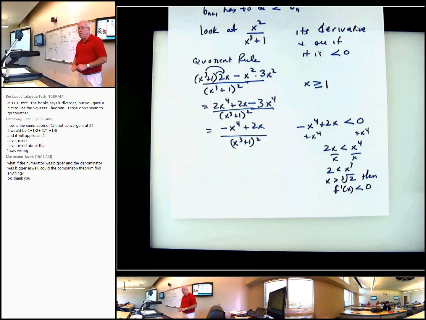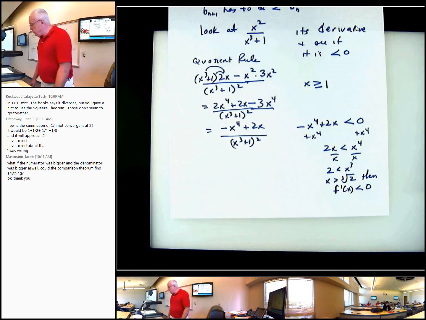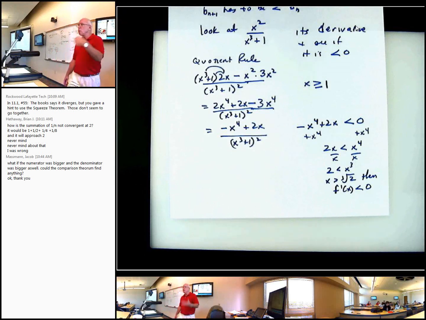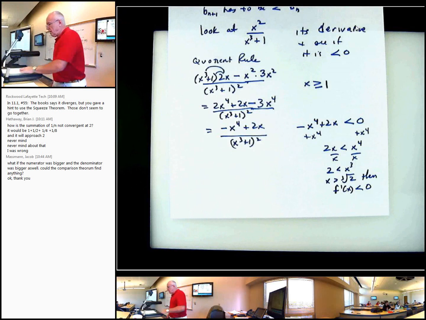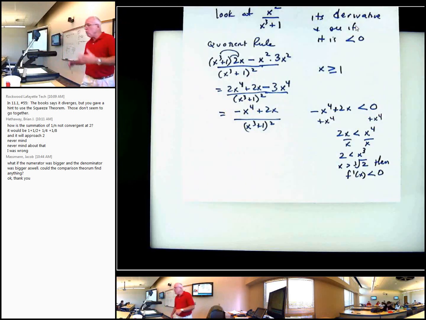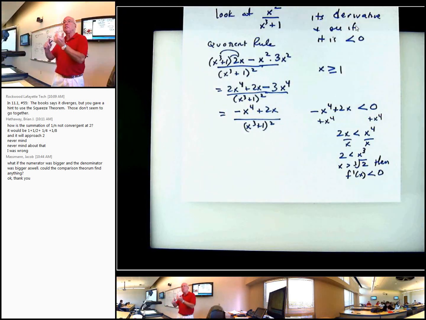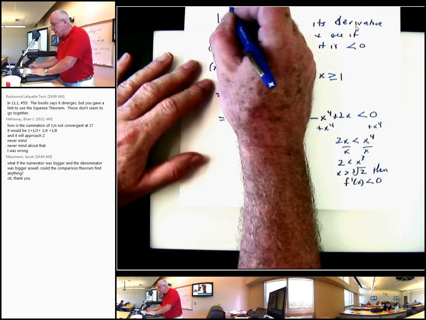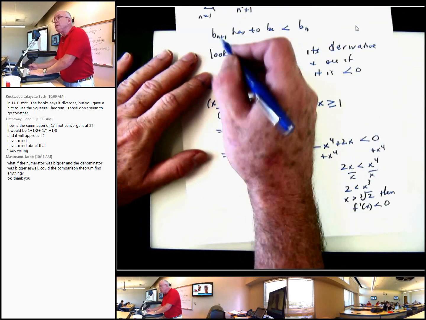So therefore, for 2 and up, we're okay. I don't know what the cube root of 2 is offhand, but it's 1 point something. But we're okay, because the derivative we found out is negative, so our terms decrease in value.